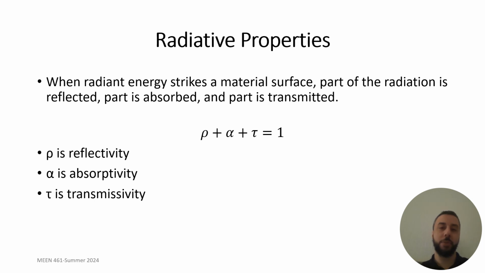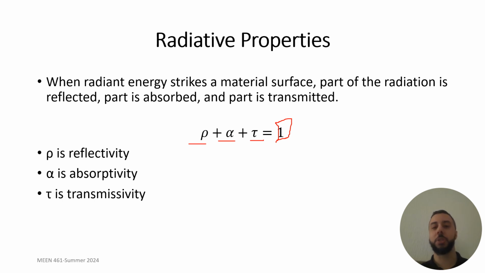So now let's talk about radiative properties. When radiant energy strikes a material surface, part of the radiation is reflected, part is absorbed, and part is transmitted. So rho is reflectivity, alpha is absorptivity, tau is transmissivity, and that all equals 1. Each one of these is a percentage.